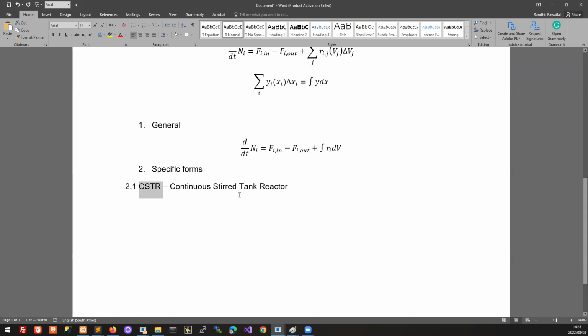It's not about the stirring here. The continuous here refers to the flow. So we have a continuous flow through this type of reactor. So CSTR: continuous flow, continuously stirred. And well, I guess the tank doesn't tell you much, and we hope it's a reactor.